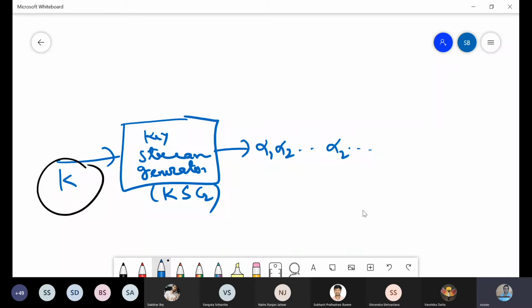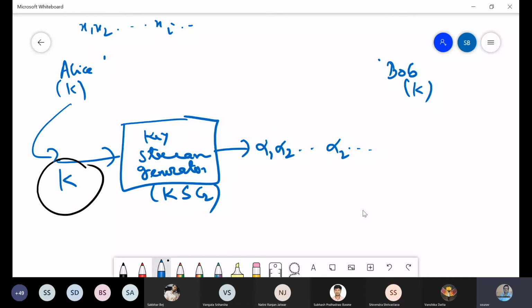So Alice has this function, Bob also has this function, and they both have a key K. Alice has a message x1, x2, xi, and so on. Alice will put K in and get the key stream alpha 1, alpha 2, alpha i, and so on.